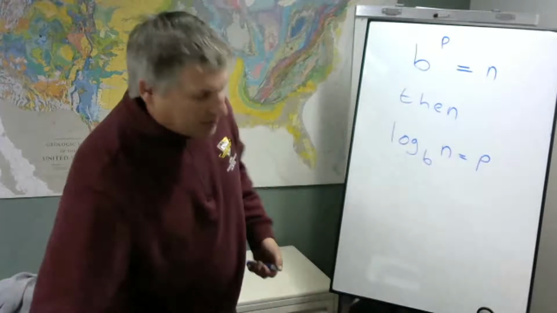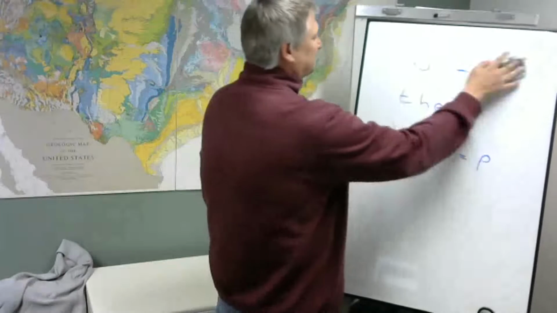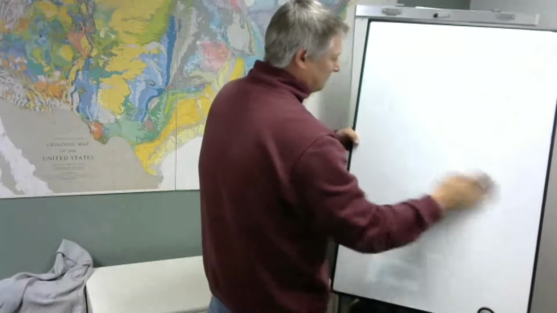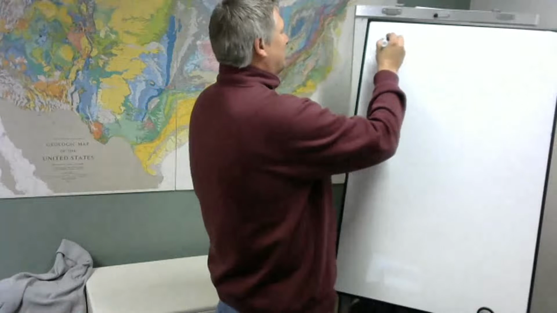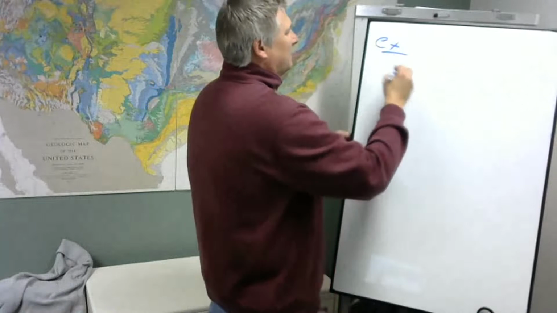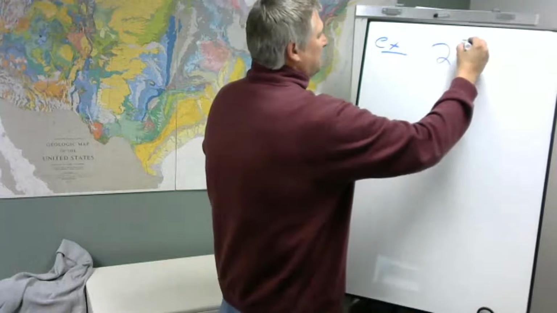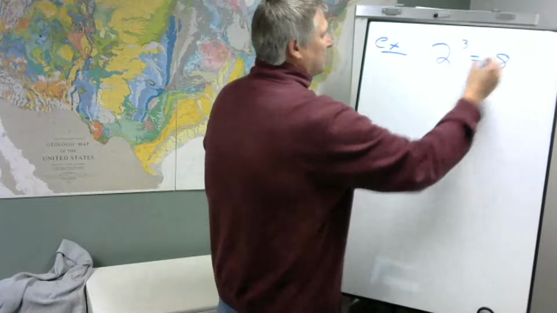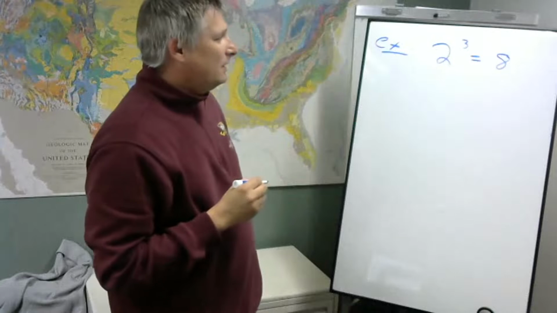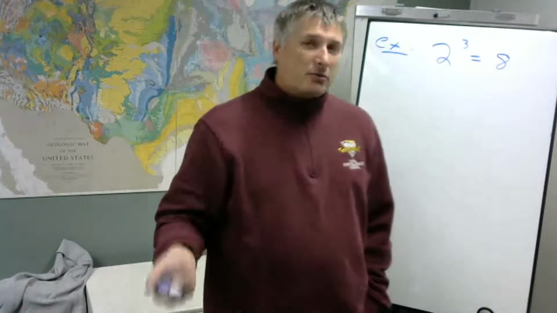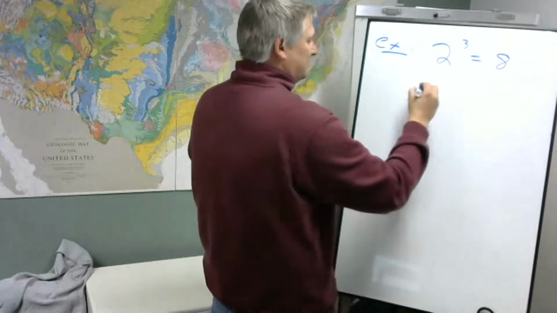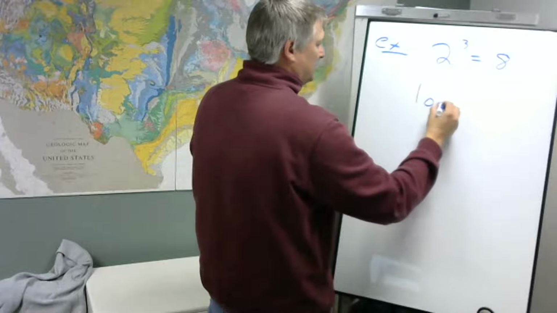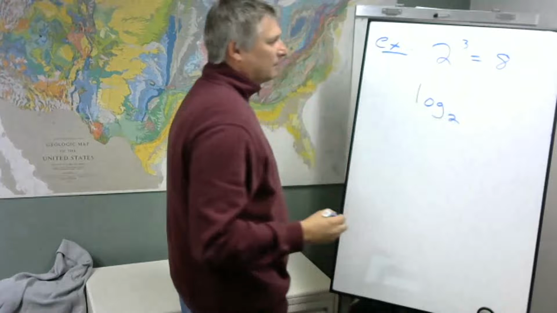So to give a more solid example, 2 to the third is equal to 8. Then the logarithmic version of this relationship, you have a base 2. So that means we have a log of base 2.